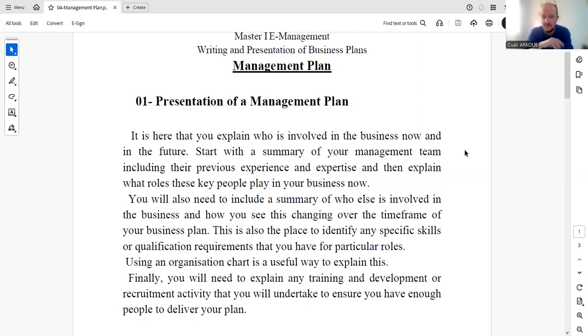Start with a summary of your management team, staff team, or management team of your project, including their previous experience and expertise, and then explain what roles these key people play in your business now, in the present. You will also need to include a summary of who else is involved in the business and how you see this changing over the time frame of your business plan.